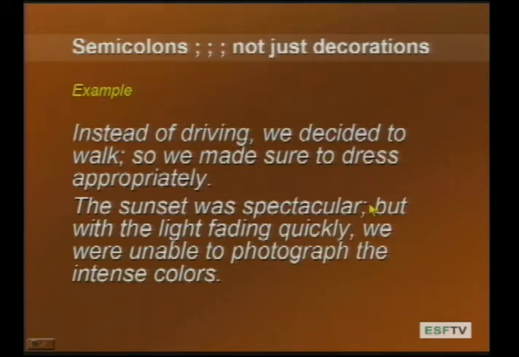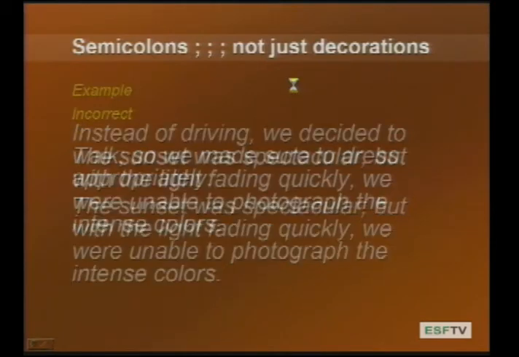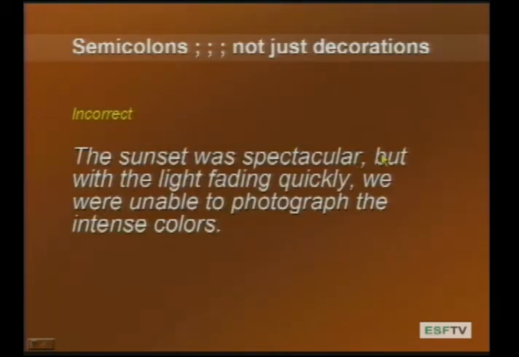You need the semicolon here to make what you're saying clearer to the reader. It's incorrect just to list, as you're doing here with the commas. It becomes confusing. The sunset was spectacular, but the light was fading quickly, we were unable to photograph the intense colors. We don't know what's happening when, or how these ideas are especially connected.